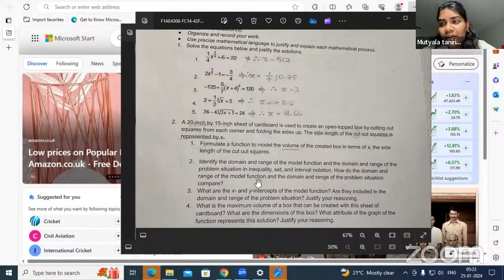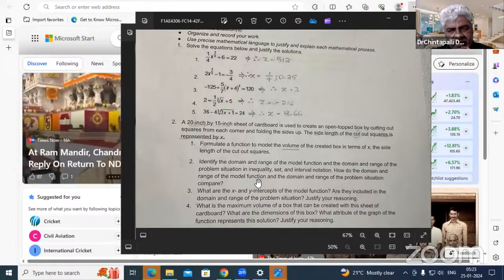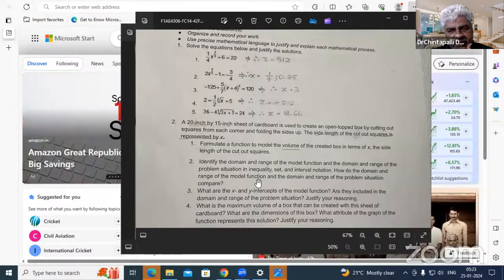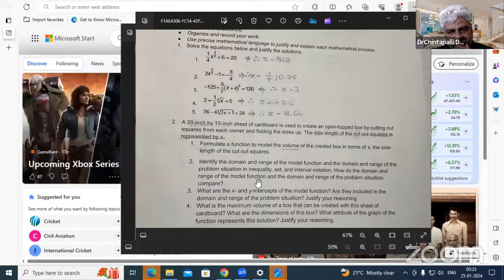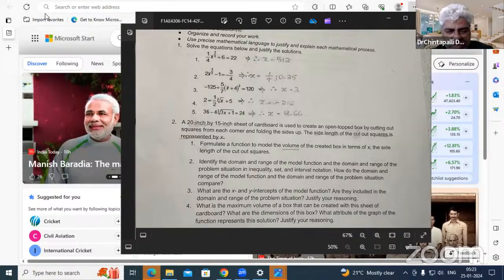On the second page, the second question: Identify the domain and the range of the model function and the domain and the range of the problem situation, in inequality set and interval notation. How do the domain and range of the model function and of the problem situation compare?